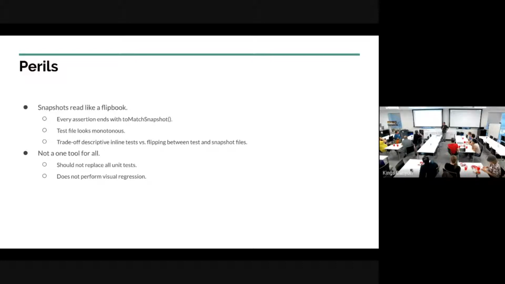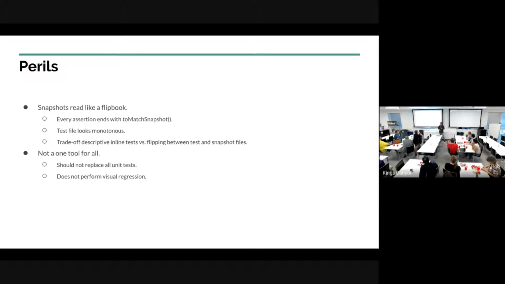So snapshots can read like a flip book. You just look through your test file, and you just see everything is toMatchSnapshot. It can be kind of hard to read. Individually, each of these assertions, it's hard to see what it is in the same file.